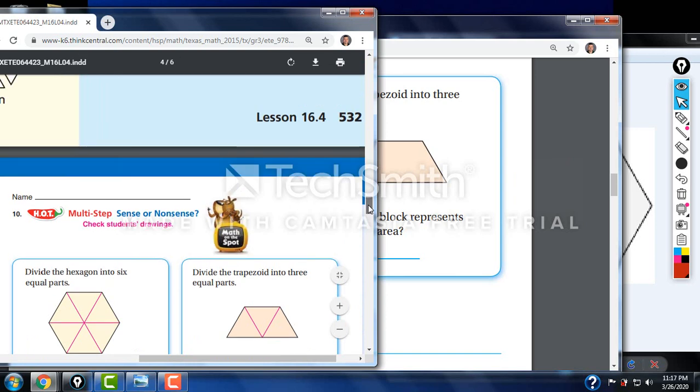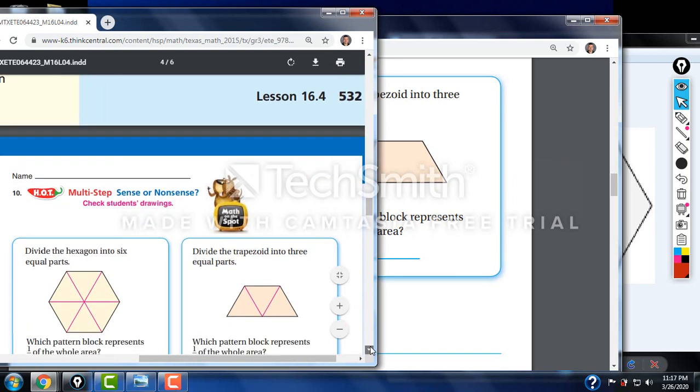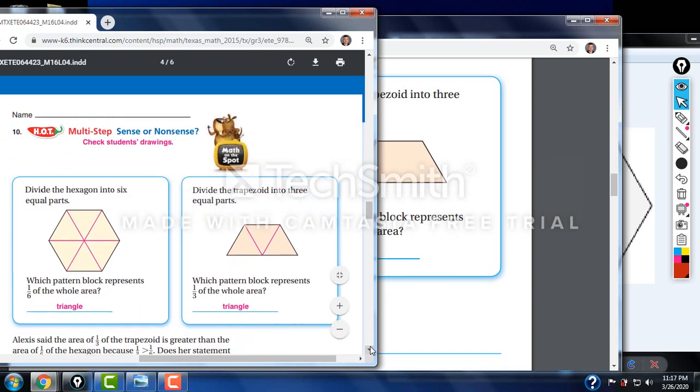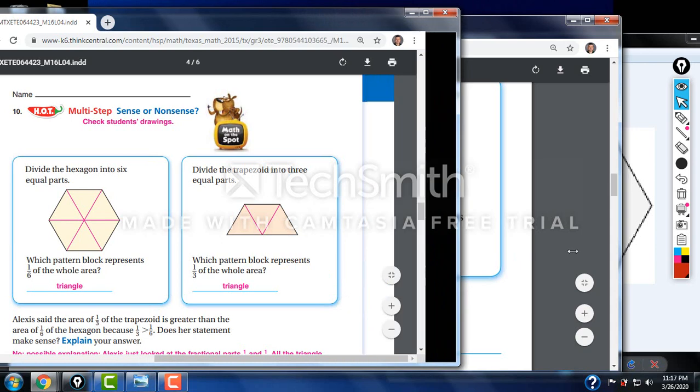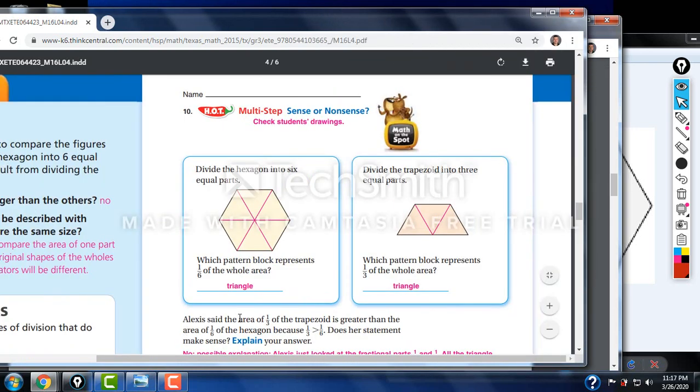So Alexis said the area of 1/3 of the trapezoid, this one, is greater than the area of 1/6, because what? And this is what she used, 1/3 is greater than 1/6. Does that make sense?